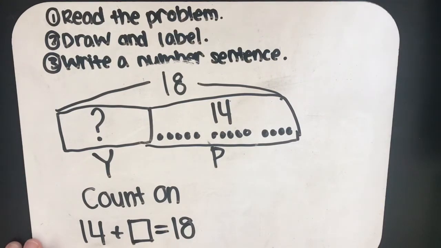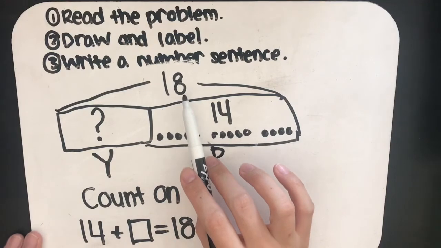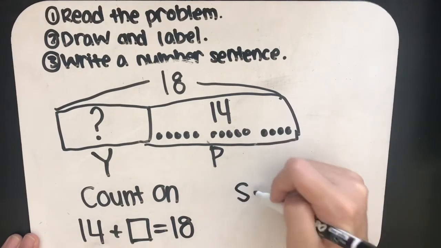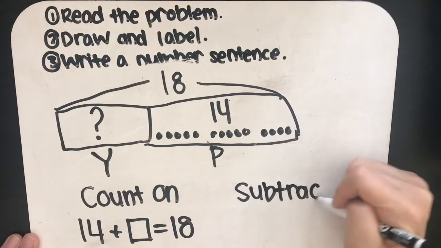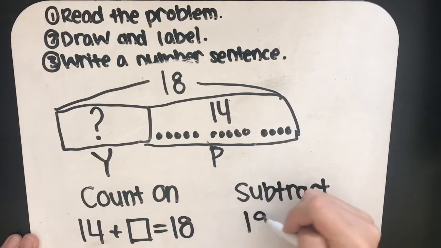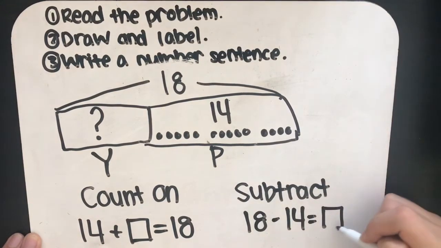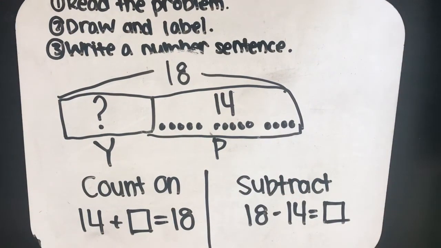Or we can subtract by taking the whole number and subtracting the part that we know to find the missing part. You can pick the strategy that you want to use and try it on your own right now.